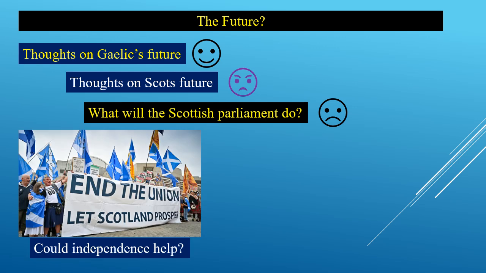Could an independent future for Scotland help Scots? Who knows? It would depend on the current Anglophone elites that run Scotland, settling down after leaving the gravy train called Westminster, and if they try to understand the land they live in.